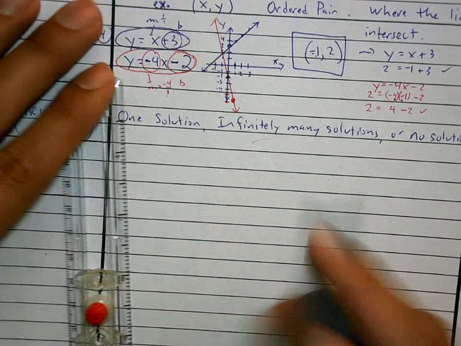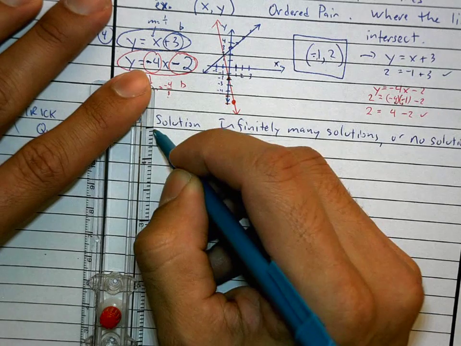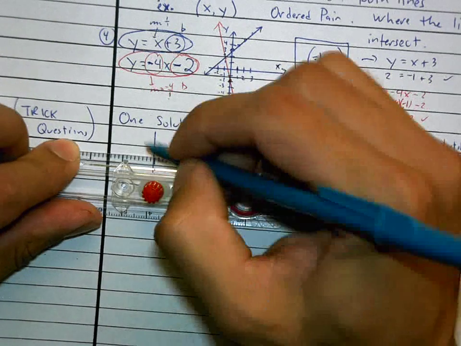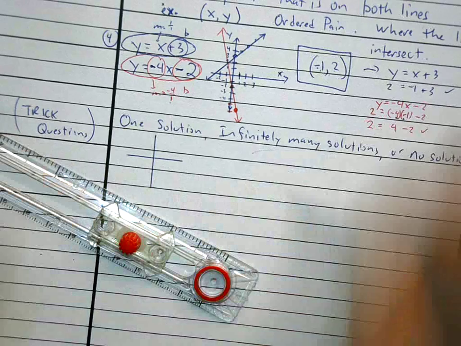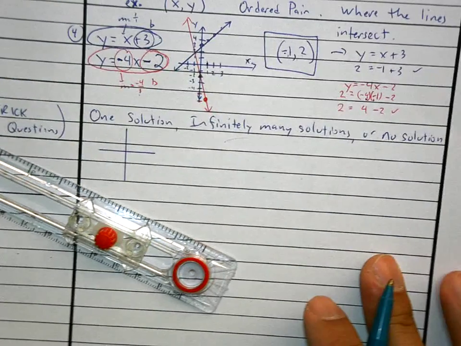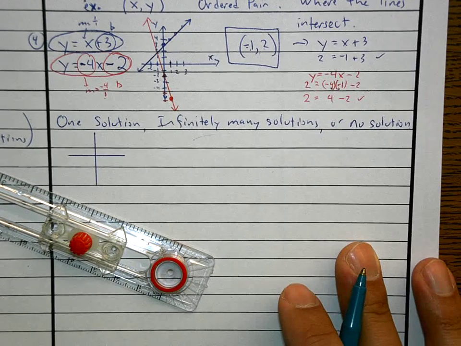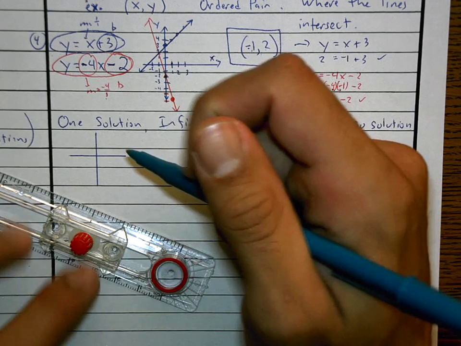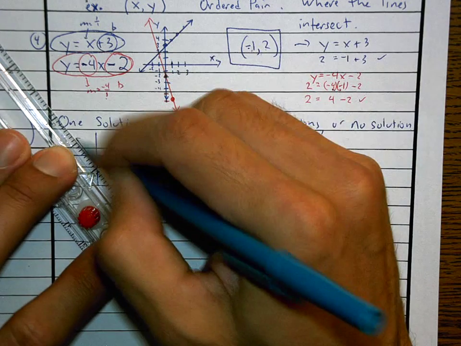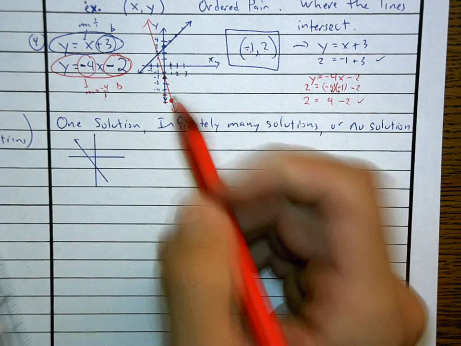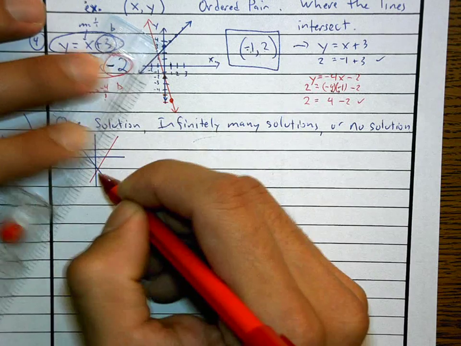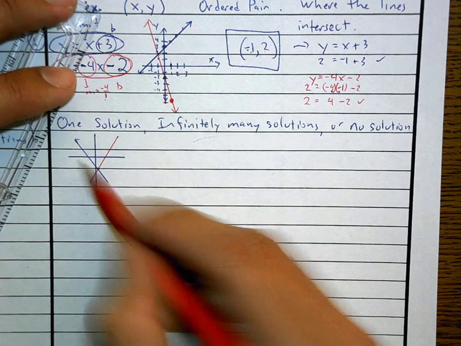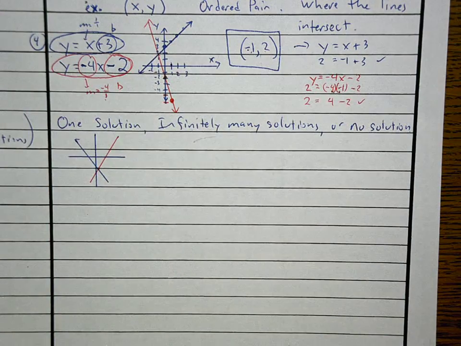Well, one solution looks like, let's do that first. If there's one solution, then one line will intersect another line, and it doesn't matter where, but there's one solution where the blue line and the red line intersect.